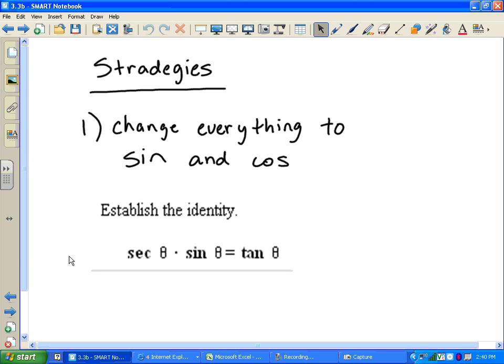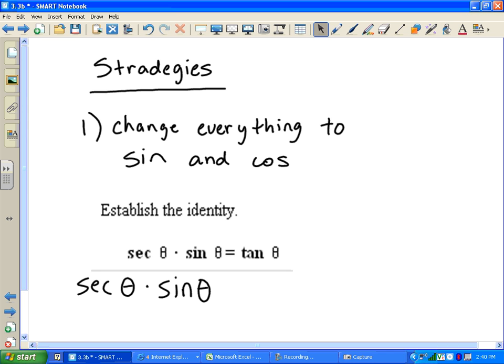That first strategy, and this is usually my favorite, is to change everything to sine and cosine. In this one we've got secant times the sine of theta equals tangent of theta. I'll write it out the way it's going to look for us to pick: secant theta times sine theta.